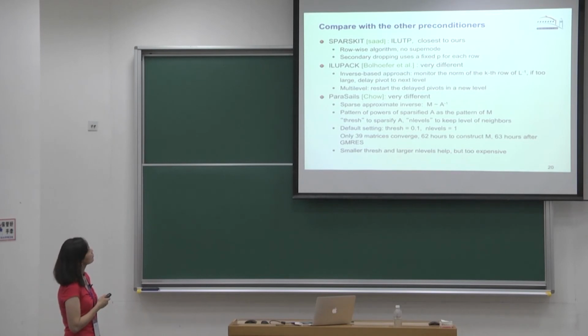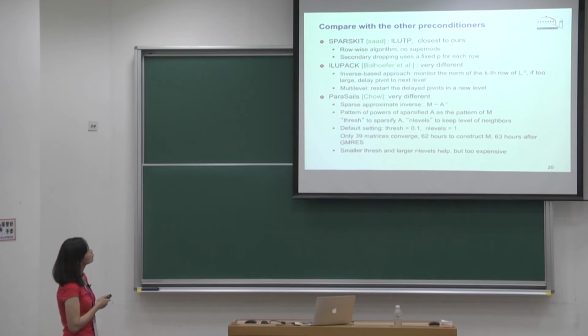And then another very different approach is called the sparse approximate inverse. Here, I'm not trying to find an M which approximates A, but I'm trying to directly find the M which approximates A inverse. You can imagine it's probably hard, right?